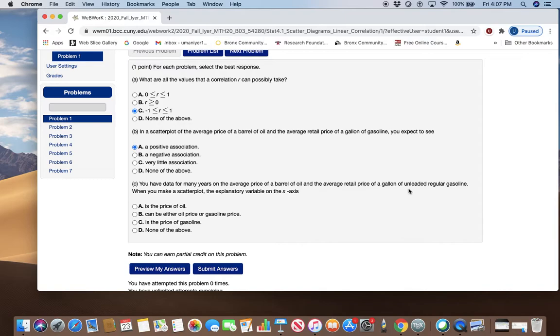Because we expect the gasoline price to depend on the price of a barrel of oil, the dependent one is the response, that is the y coordinate, whereas the independent one is the explanatory. So the average price of a barrel of oil will be the explanatory. That is the oil price.